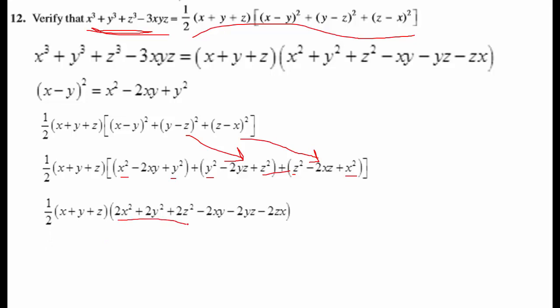Now taking 2 as common, we will be left with (x plus y plus z) into (x square plus y square plus z square minus xy minus yz minus zx), because 2 will be cancelled out with this 2 that is in the denominator. Now you know that this equals x cube plus y cube plus z cube minus 3xyz, hence this is verified.